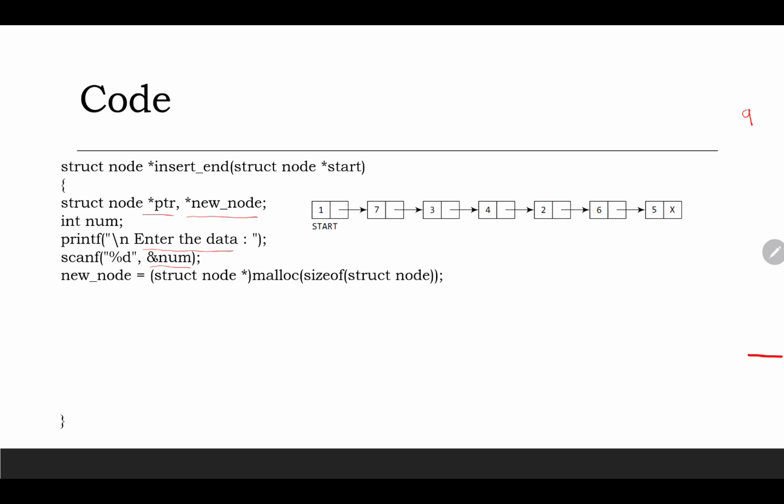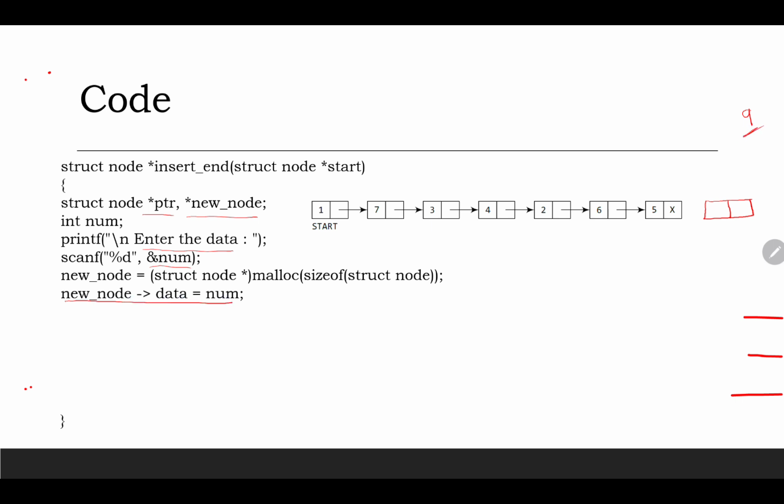Then next, by using the malloc function, we are creating the new node. By using the malloc function, we are allocating the memory space for the new node. After allocating the memory space, we assign the value for the node in the data part, that is new_node->data = num.